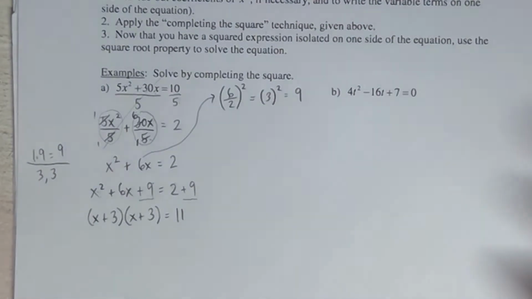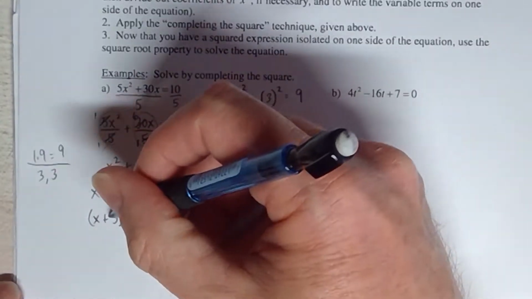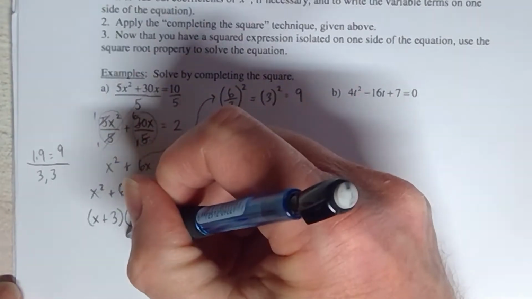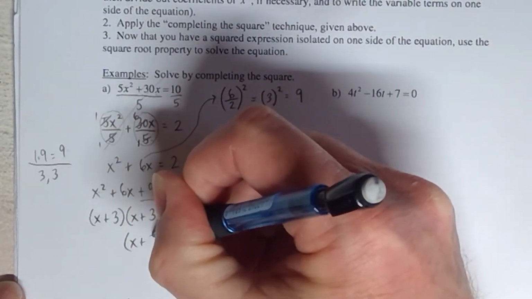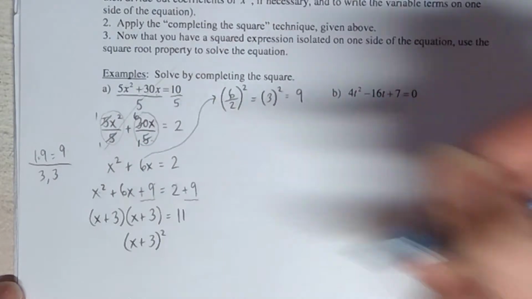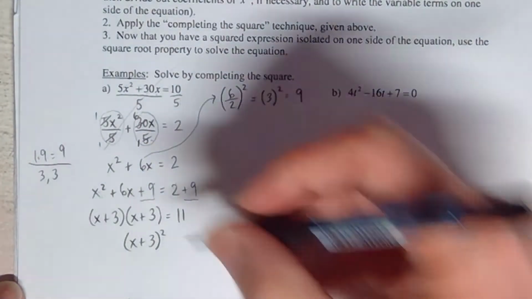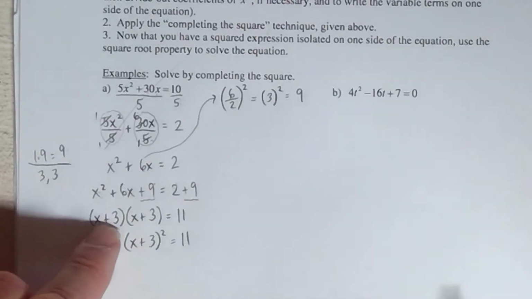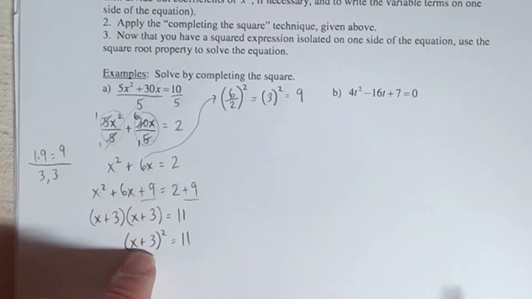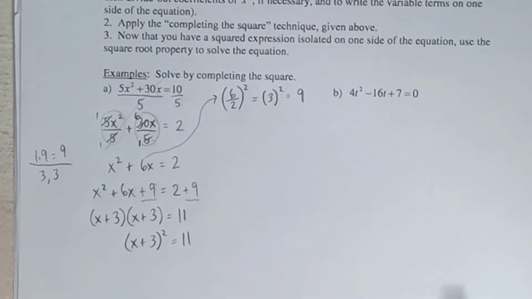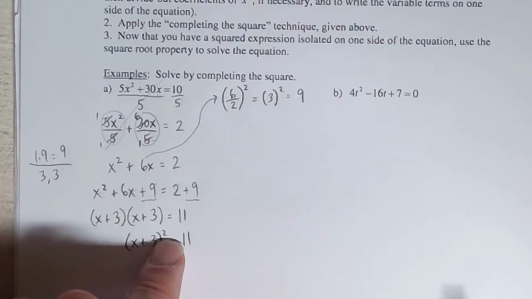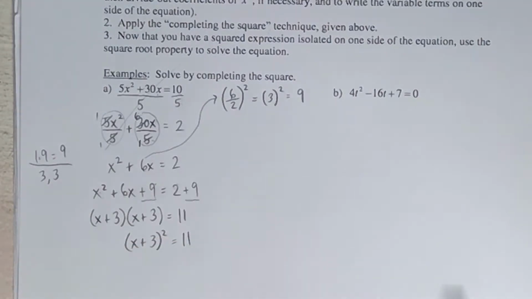Now, since these two brackets are the same when we're multiplying them, it's the same thing as this right here. 11 is still there. If these two brackets are the same, and they should be, you rewrite it as the bracket being squared, because when you multiply two things that are the same, it's the same thing as squaring them, taking them to the second power.